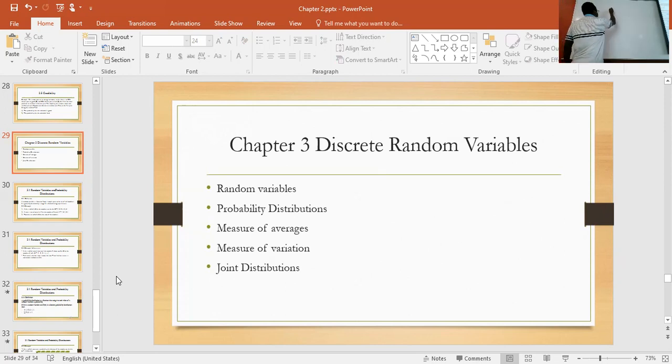And in 3.1, we will define random variables.